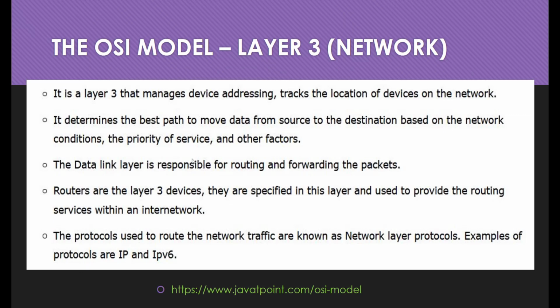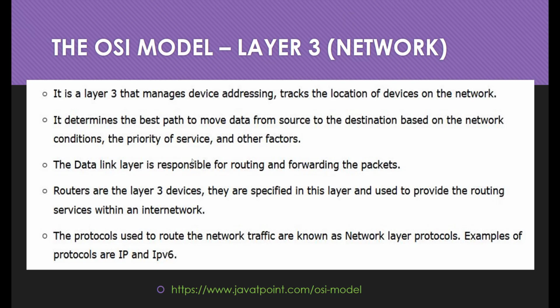So layer 3 manages device addressing and tracks the location of devices on the network, whereas layer 4 is involved in making sure that there is an end-to-end connection and data is transferred successfully from one end to another.